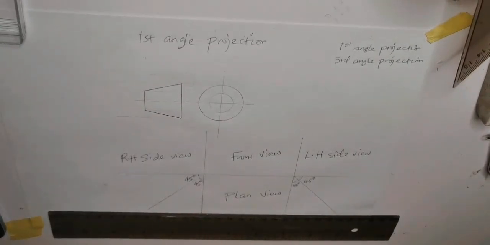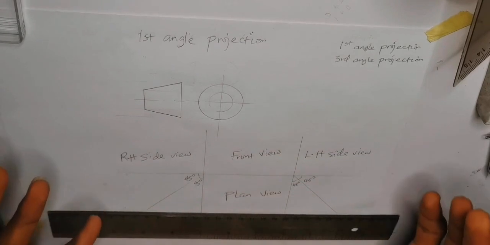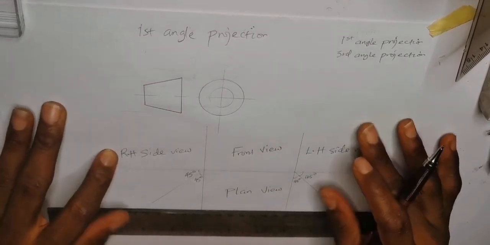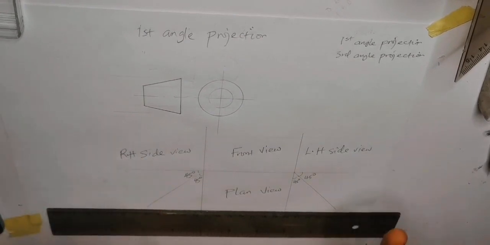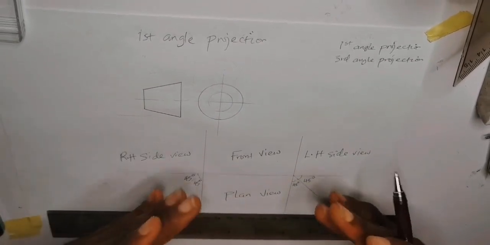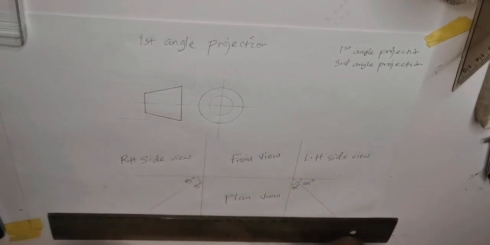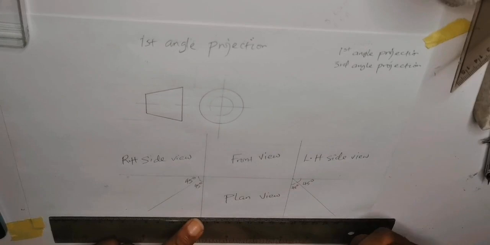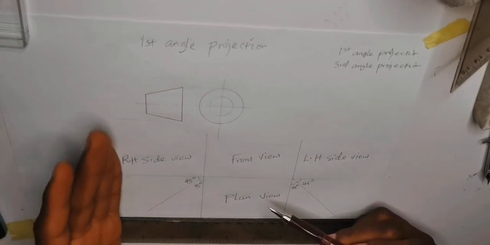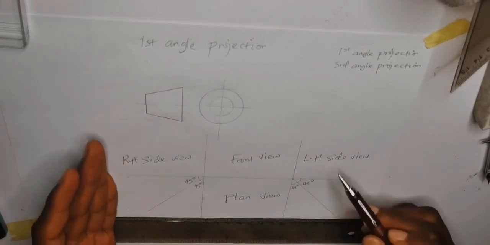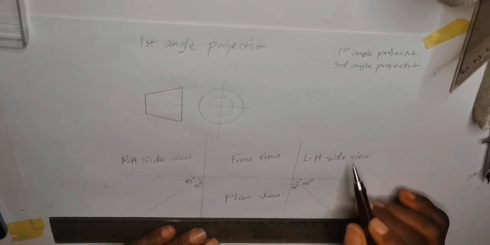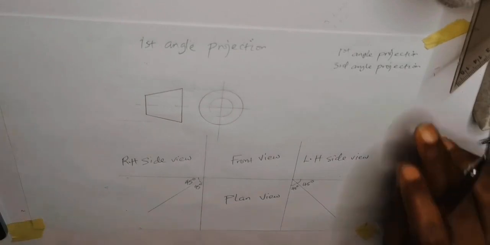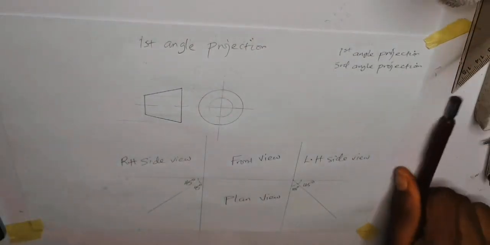So, assuming you are given a question to draw both the right hand side view and also the left hand side view, this is how you draw your projection lines for the drawing. The front view will be drawn here, the plan view here, the right hand side view on this other side, and the left hand side view on this other side. So let's move forward. I'll give you an example.